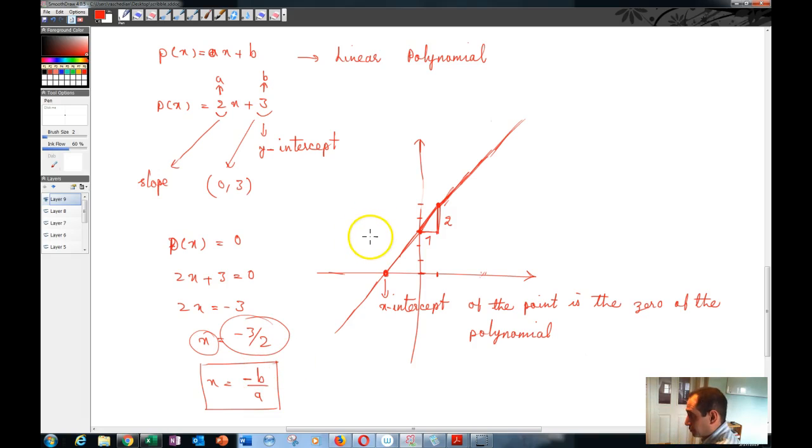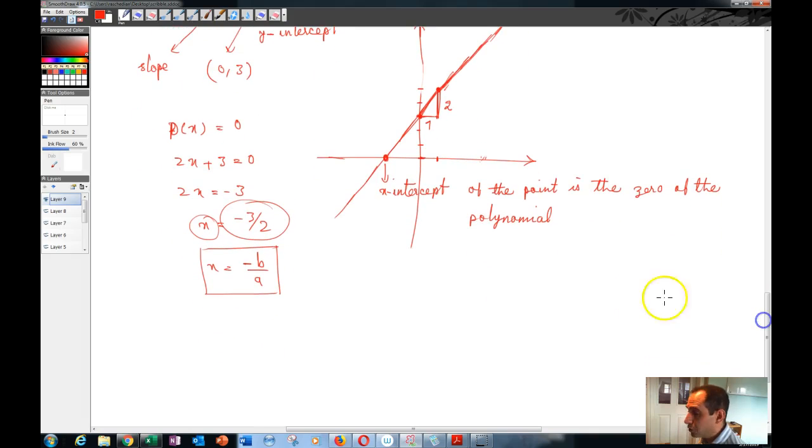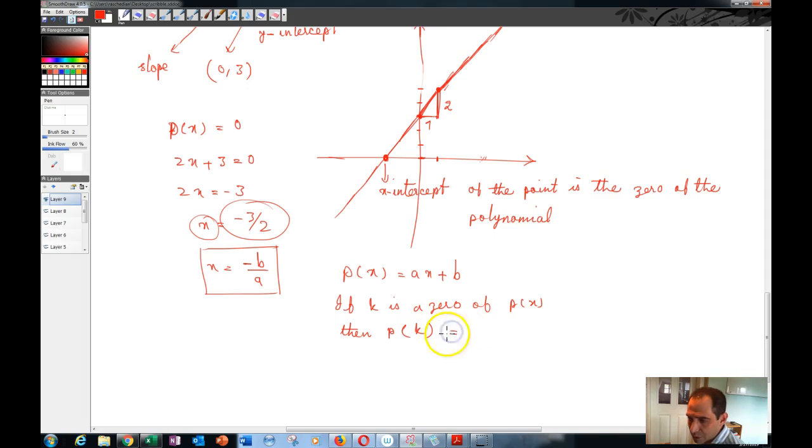Meaning that in general, if you have a polynomial p of x equal to ax plus b, and if k is a zero of that polynomial, then p of k is supposed to be equal to 0, meaning that p of k, which is equal to a times k plus b, is supposed to be equal to 0.